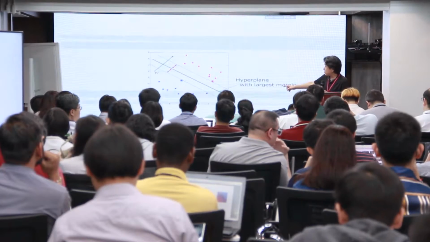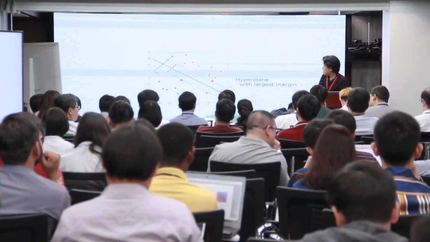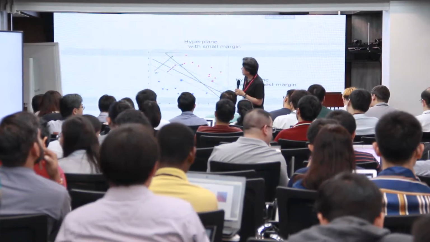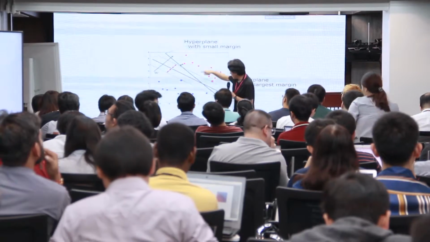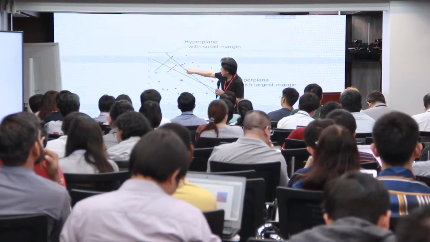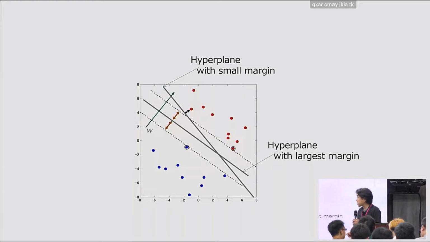Well, suppose that this is the largest margin. But if we draw this hyperplane, this is also a separating hyperplane. But in this case, the margin is measured by this distance. This is the nearest point to this hyperplane. So the margin here is smaller than the margin given by this hyperplane. And by looking for such largest margin, we can pick up one of the separating hyperplanes among all the linear separating hyperplanes.